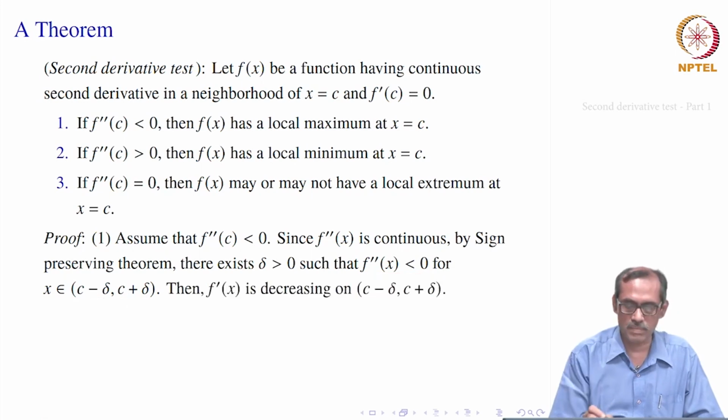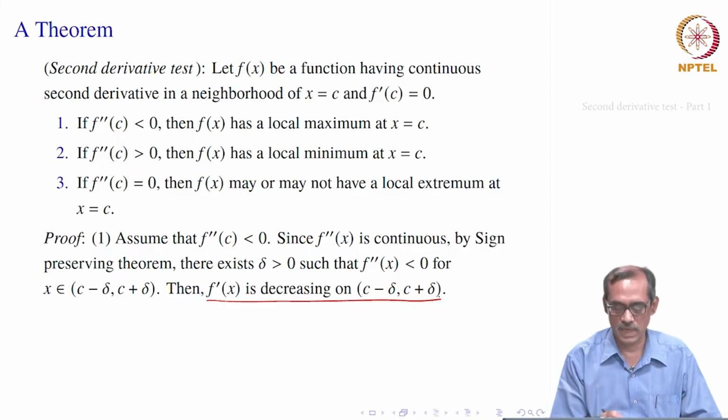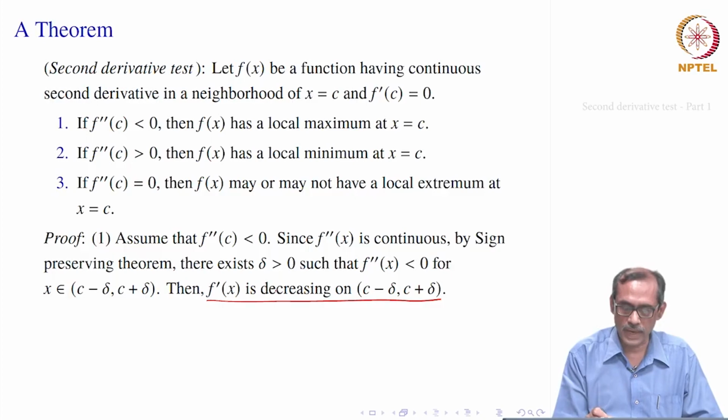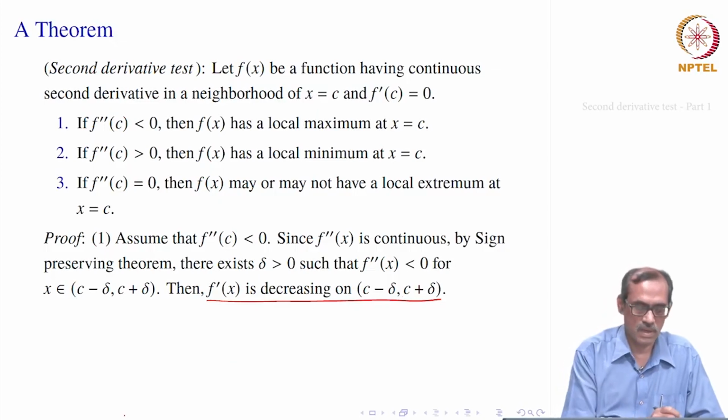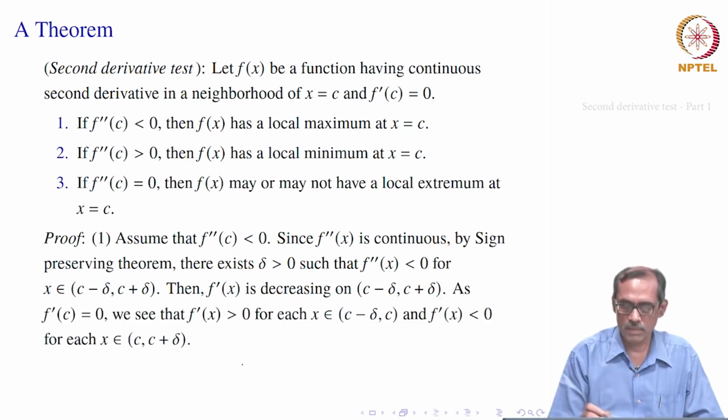Once f double prime is negative, we see that f prime of x is decreasing on that neighborhood c minus delta to c plus delta. Now we know f prime at c is 0. What happens in the left neighborhood c minus delta to c, and in the right neighborhood c to c plus delta? Of course, f prime is decreasing.